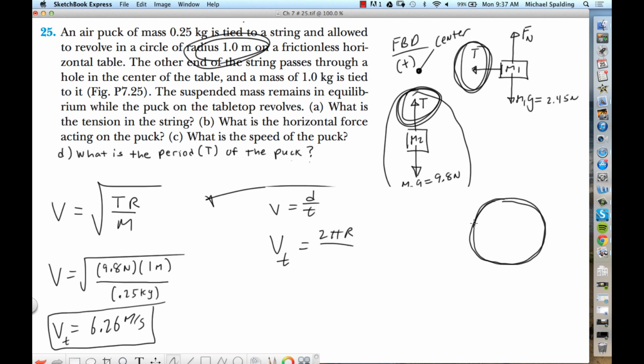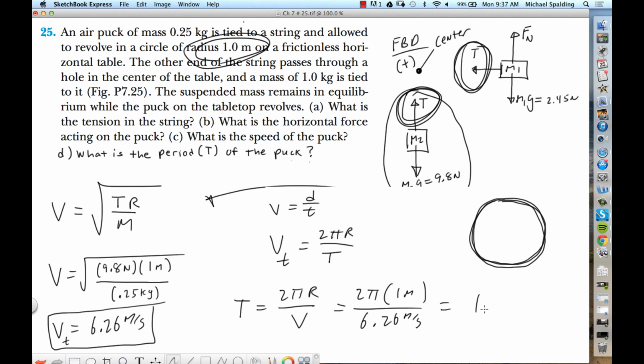What's the time for one circle? The period, which is capital T. So if you rearrange that, the period is going to be 2 pi r over v. So that's 2 pi, the radius is 1 meter, the velocity we found is 6.26 meters per second. And that comes out as 1.0 seconds. The period would be 1 second.